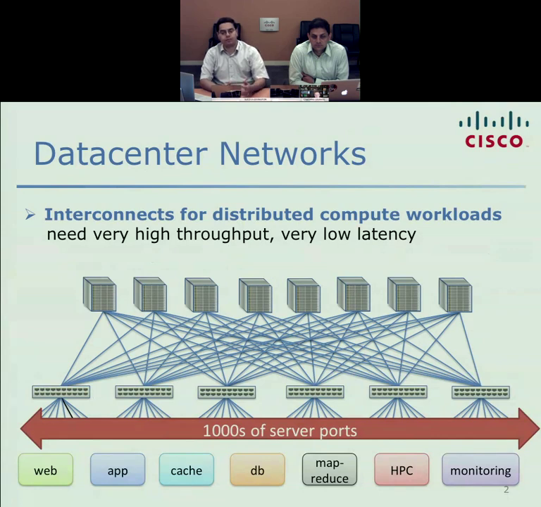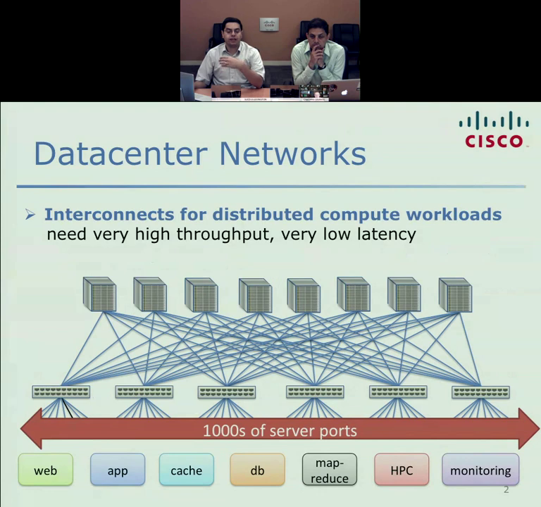Because of this, the performance of these applications is largely dictated by the performance of the data center network, and specifically by the time it takes for the different application components to communicate with messages with each other over the network. So data center networks need to provide very high throughput, very low latency connectivity among the servers.